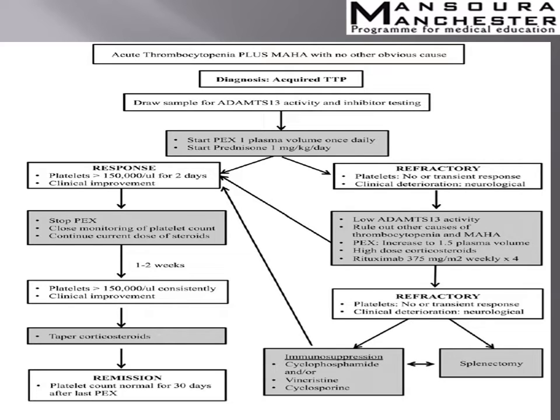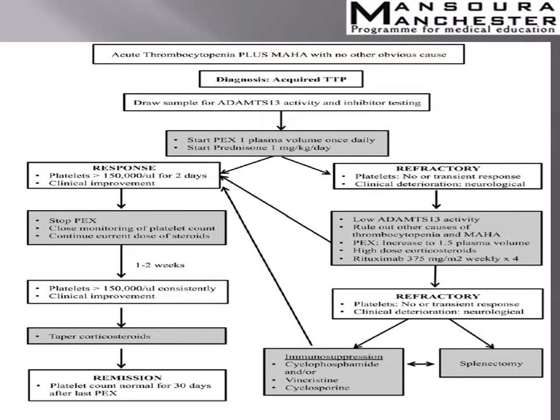We should continue the plasma exchange until platelet count is more than or equal to 150,000 for 2 consecutive days, with clinical improvement, no new neurological manifestation, and near normal LDH level. At that time, we can stop the plasma exchange with close monitoring of platelet count, and after 1 to 2 weeks, if there is a clinical improvement, we could taper the corticosteroid.